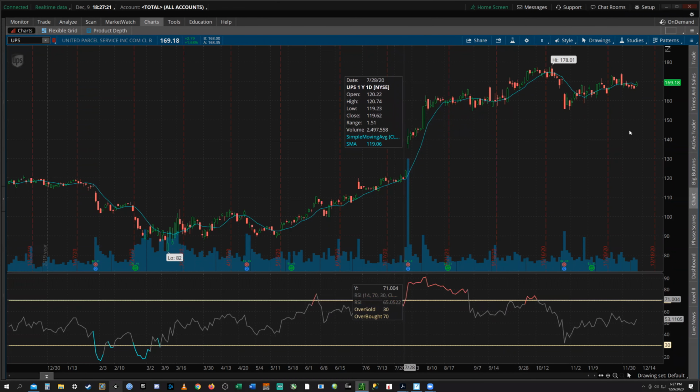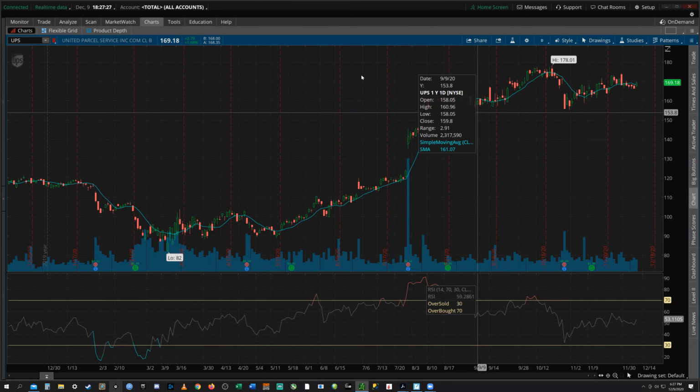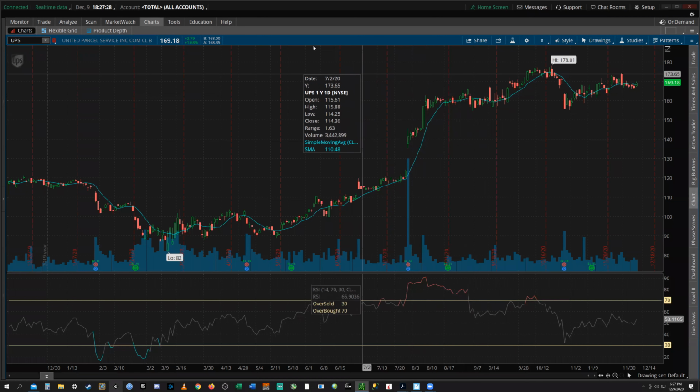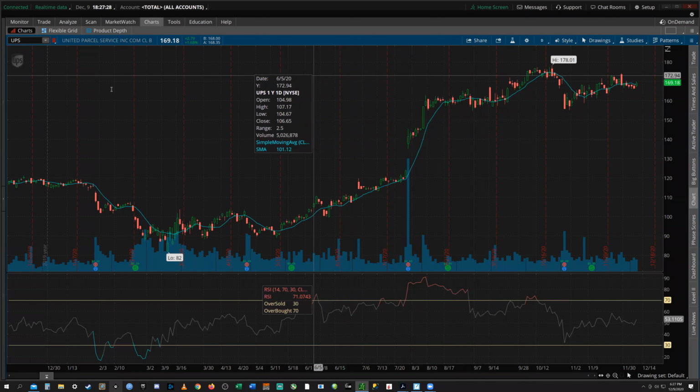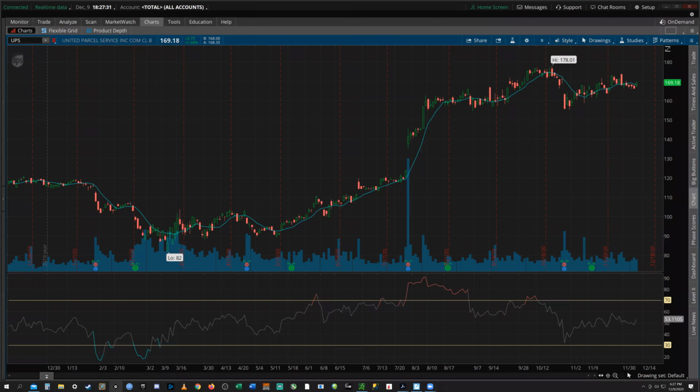Okay, but if I was trading based on technical analysis, now the rule of thumb is when it crosses the 30% or the 70% line, and these are the lines right here, these yellows, that's an indication for buy or sell.